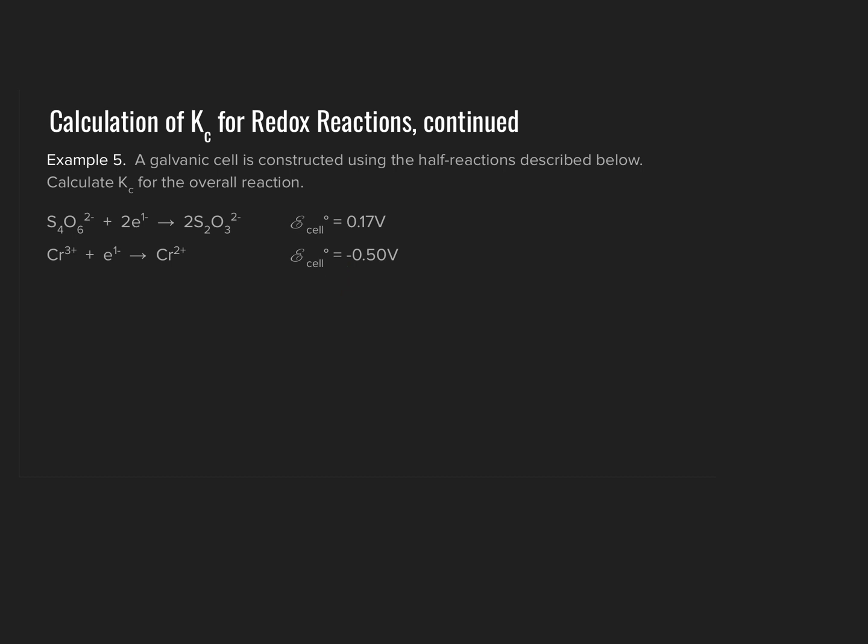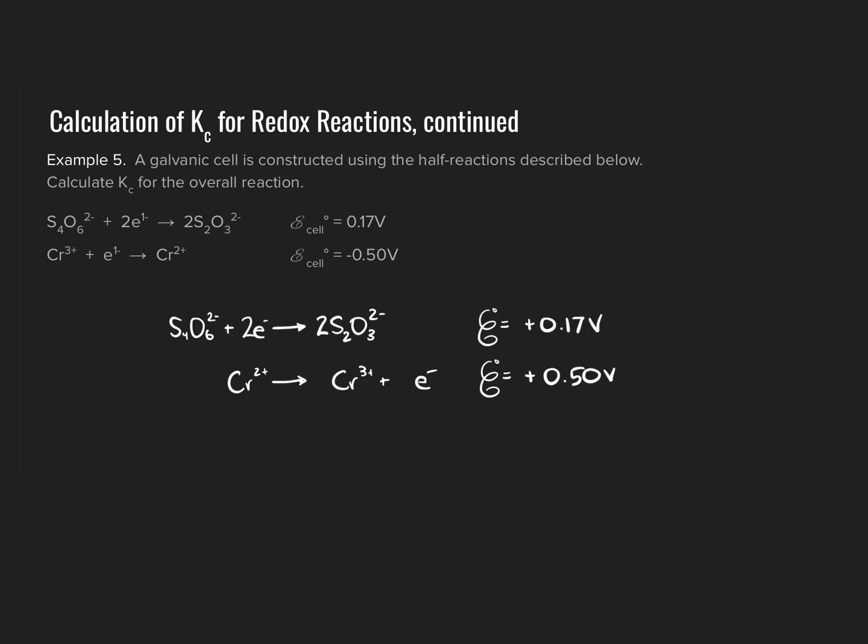So let's go ahead first of all and recognize that yet again we need to have an operating galvanic cell here, which must by definition have a positive voltage, and so I need to flip one of these half reactions to turn it into an oxidation half step. And looking here, it makes more logical sense for me to flip the second given reaction, that is the one involving our chromium ions, turning this now into an oxidation half reaction in which the chromium 2 ion, Cr2+, is giving up an electron to form a chromium 3 ion, Cr3+.